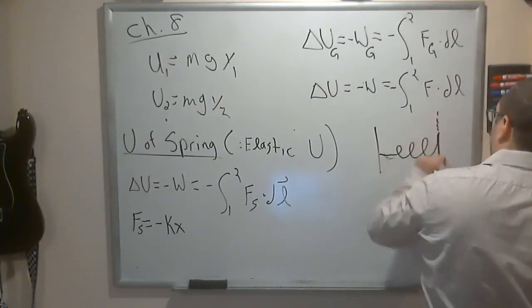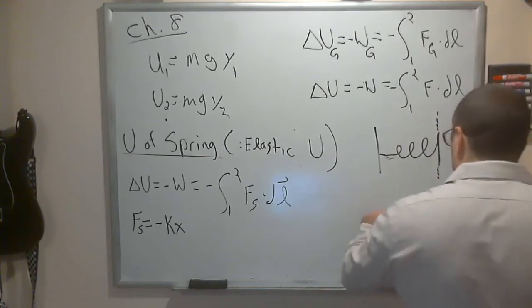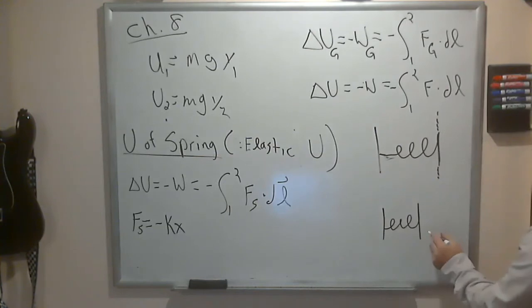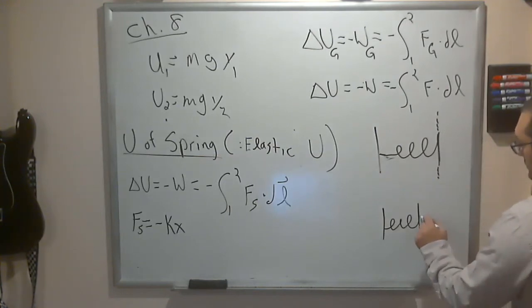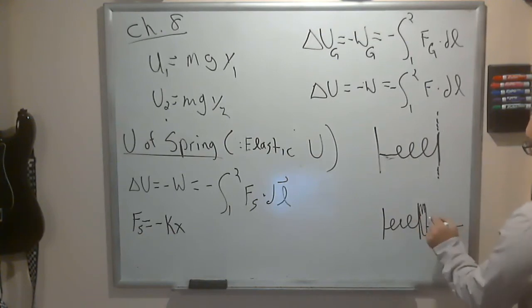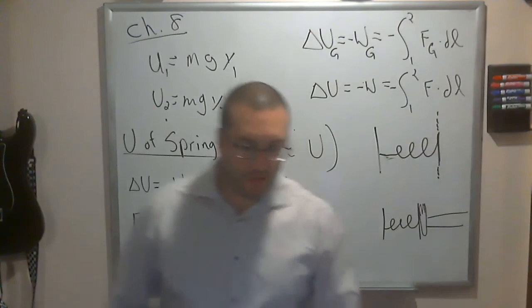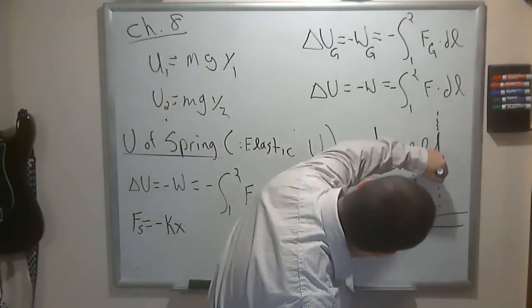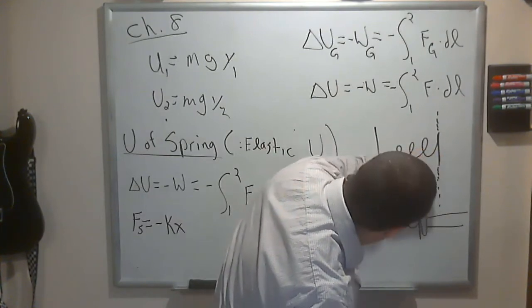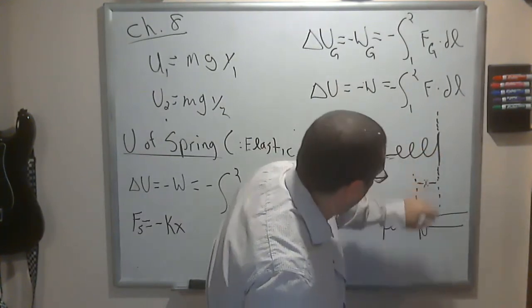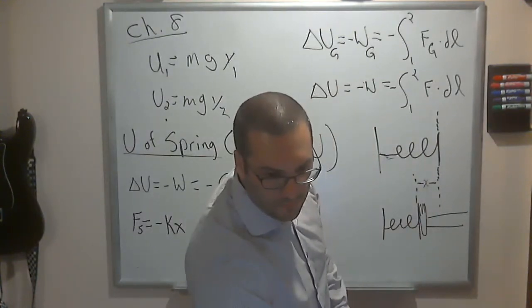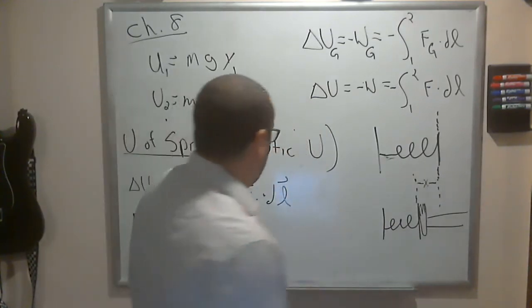This is the equilibrium position. If I don't push it down, let's say I compress it by pushing my hand on it, or my foot. I push it in, and this distance is x. This distance is x.